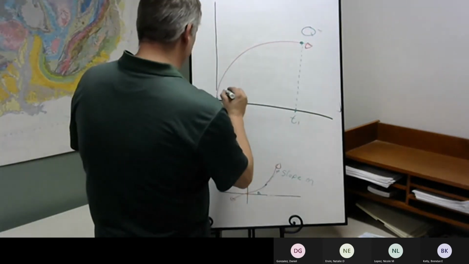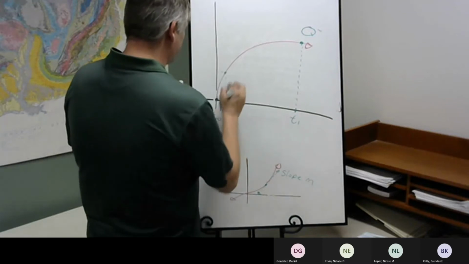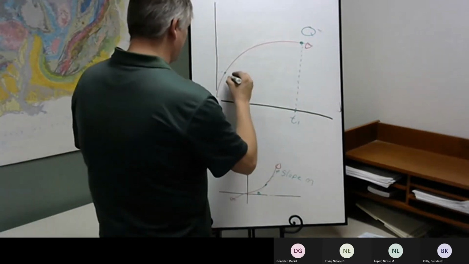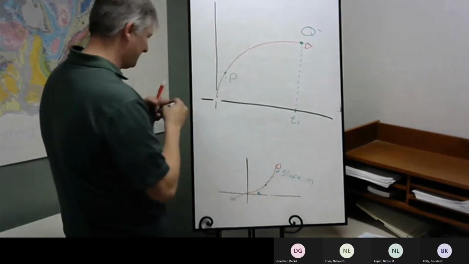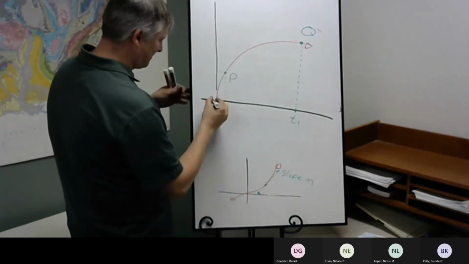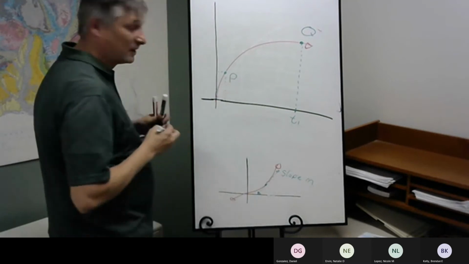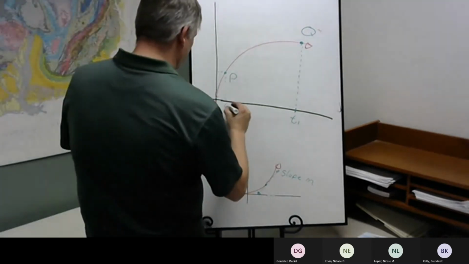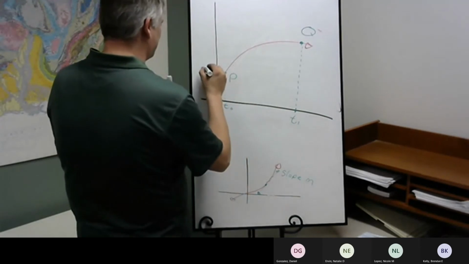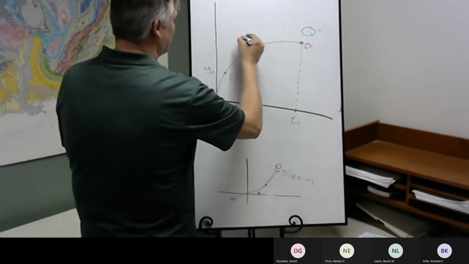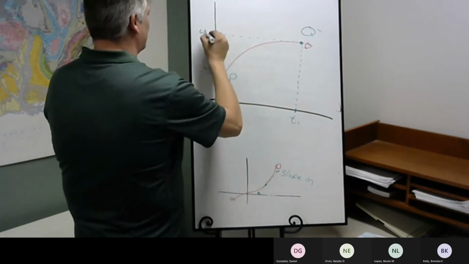Sorry, I keep doing board surgery here. Make this point P. So you have a T1, T0, Y0, and Y1.